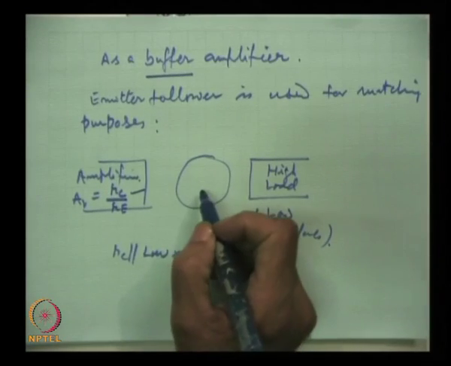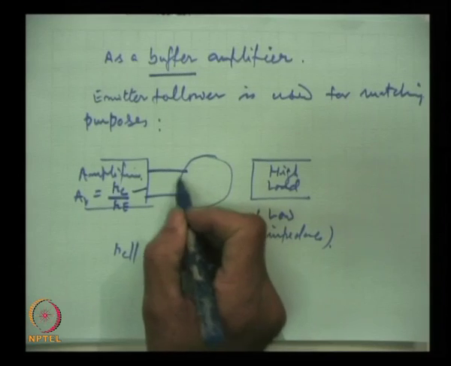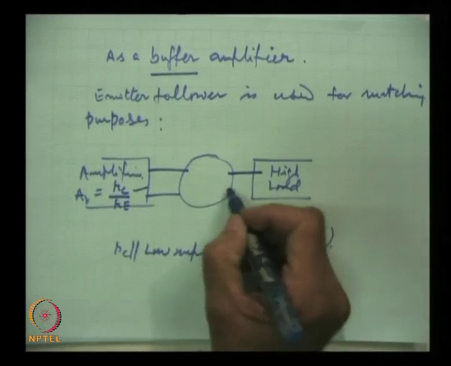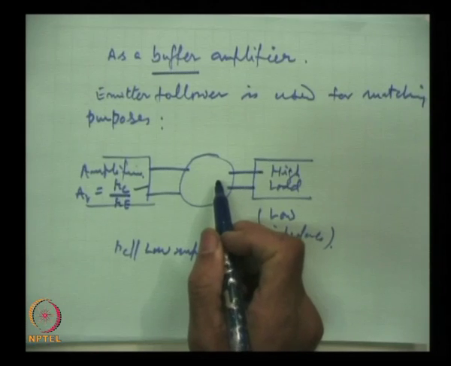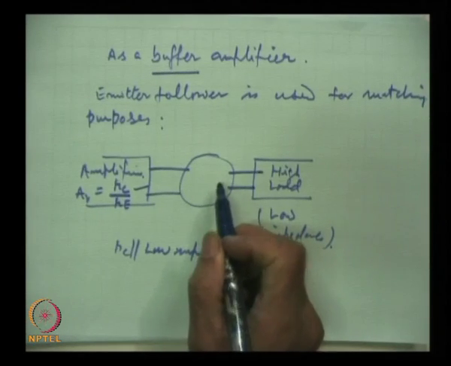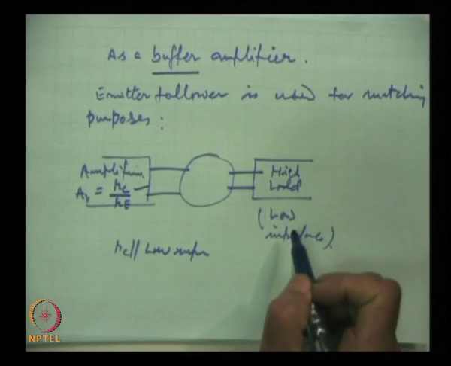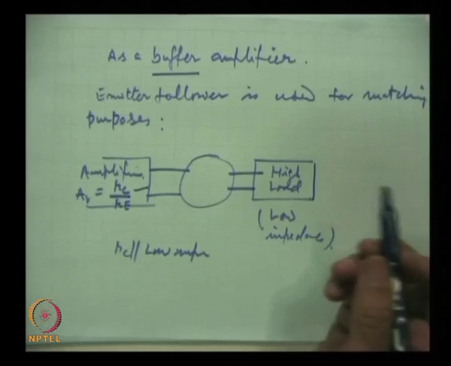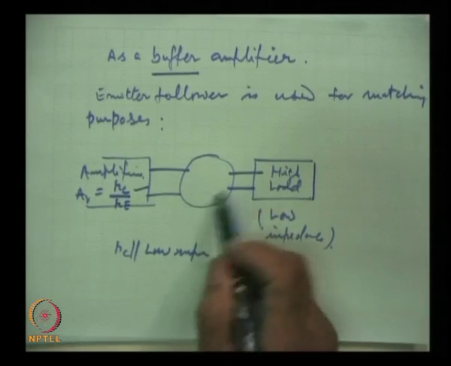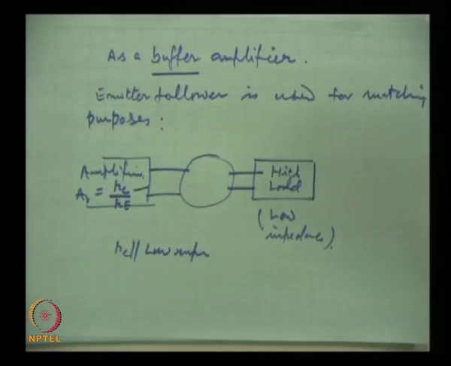So, this can be connected, the input will match with the high impedance here, and the low output impedance of the emitter follower will match with the high load, that means low impedance of the next stage or maybe load. So, this is one of the major applications of this amplifier.